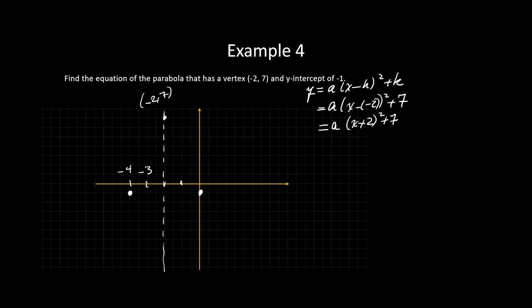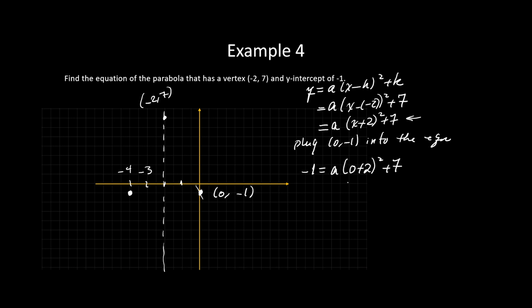I use the y-intercept, and this y-intercept is 0 for x, negative 1 for y. So plug 0, negative 1 into the equation to get a, because this is on the parabola, so it must satisfy this equation. So negative 1 for y, 0 for x.